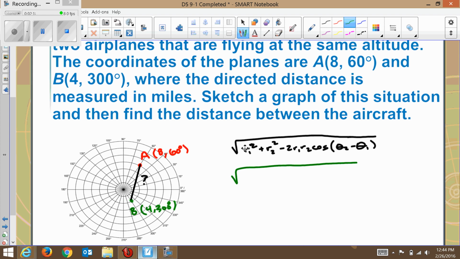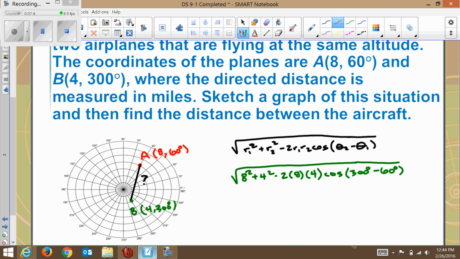I know that my first radius is 8, so I'll have 8 squared plus 4 squared for the second point, minus 2 times 8 times 4 cosine of the second angle, which is 300, minus the first angle, 60.